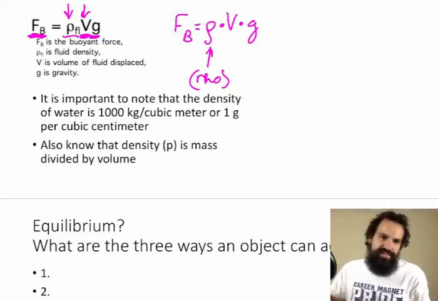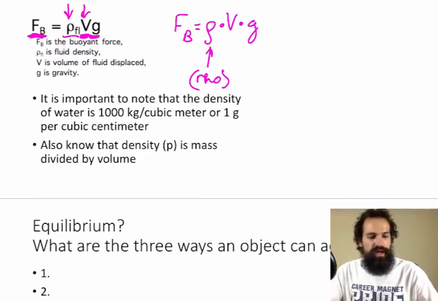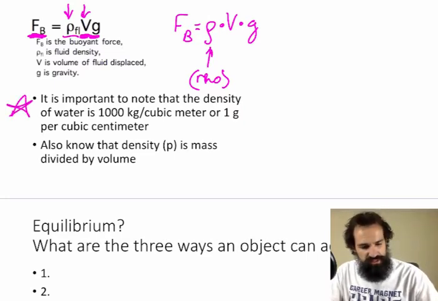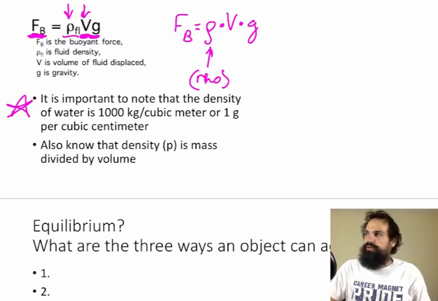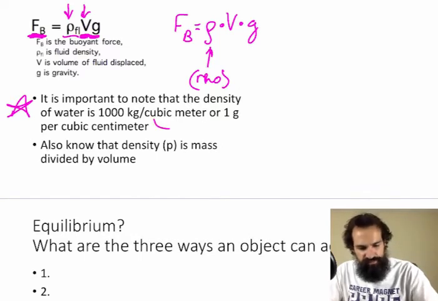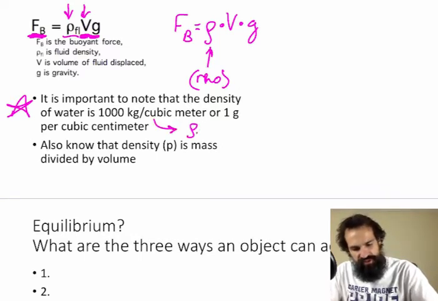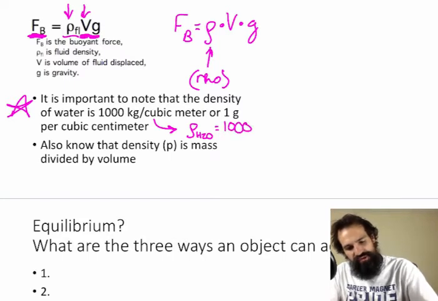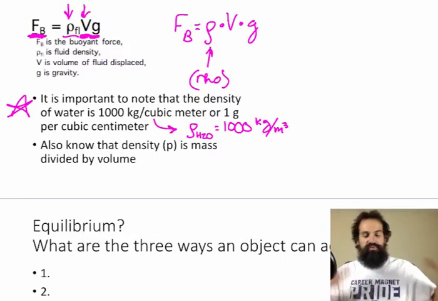Gravity on Earth, again, 10 meters per second squared. Now here's something that is probably fair to expect of you. Water's density, or the density of H2O, is equal to 1,000 kilograms for every cubic meter. And remember, a meter's 3 feet.